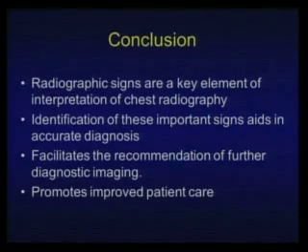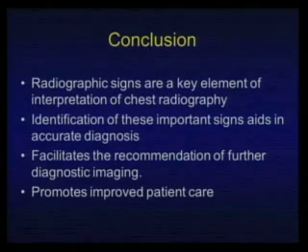So in conclusion, it's very important to identify these signs. Identification of these signs can aid you to make a better diagnosis. Sometimes it can indicate what could be the next step.